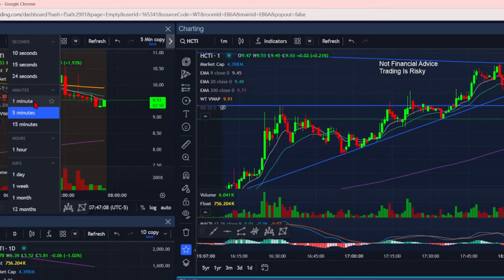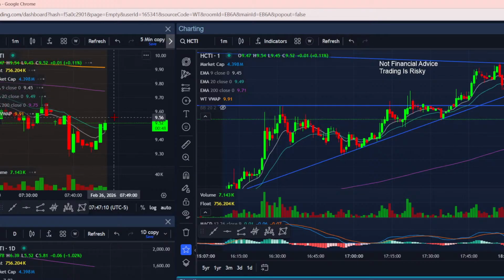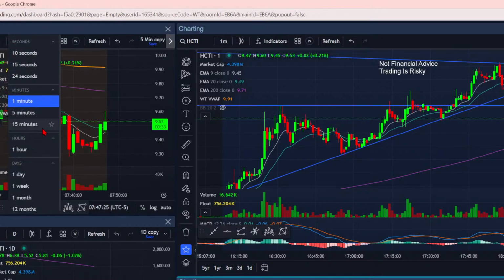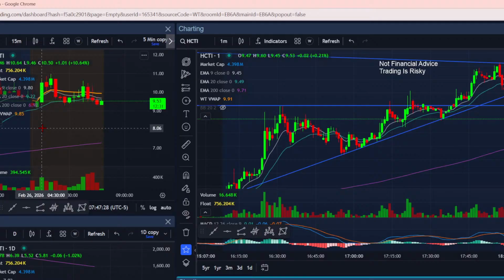All right, so 1 minute. This is the price moving on a 1 minute, and it looks different from any other time frame. It'll look weird. It might look similar, but it's not. It looks very weird when you look at different charts with different time frames, and that's normal.